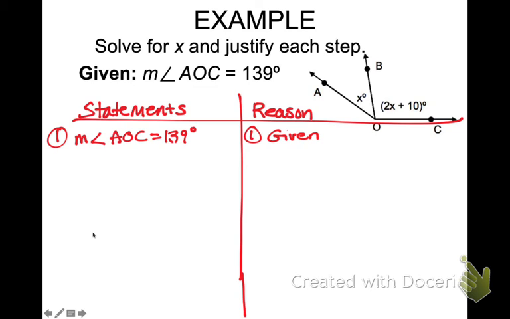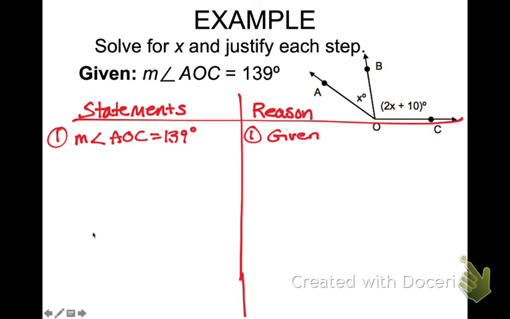Do you guys remember doing that? Right, and we'd solve it out. So then we would combine like terms and get 3x plus 10 is equal to 139. Then we would subtract and get 3x is equal to 129. And then we would divide and get 43 for our x, right? That's what we did back in chapter 1. So now I need to put it in a formal proof.